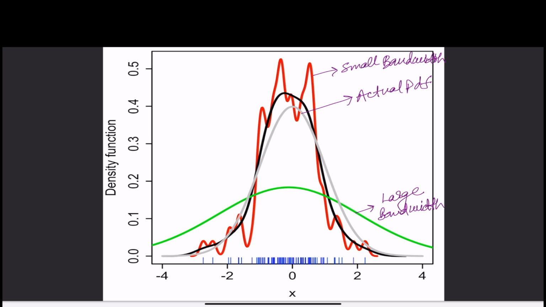So this black curve has a medium bandwidth.